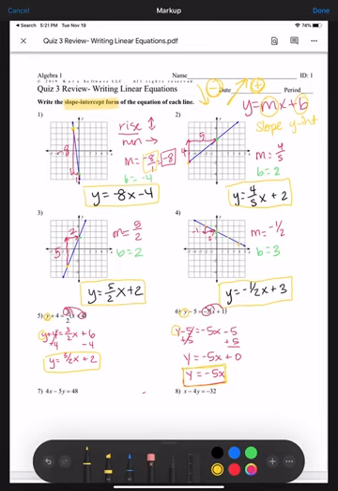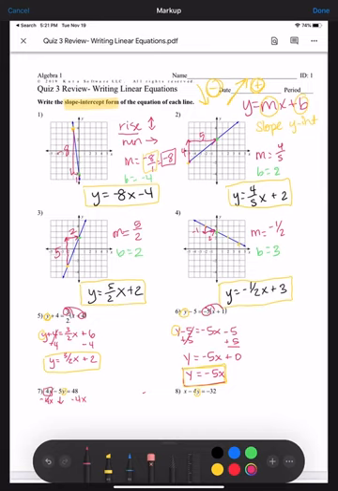These next 2 are not in point-slope form. There's nothing to distribute, so I'll solve these in a little bit different way, but the goal here is to get y by itself in both cases. Over here, I'm going to move this x term to the other side by subtracting it. And that cancels.